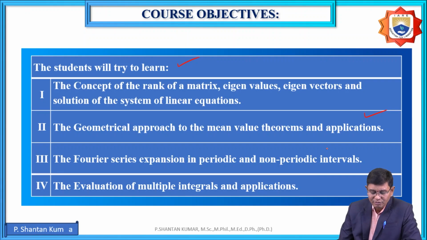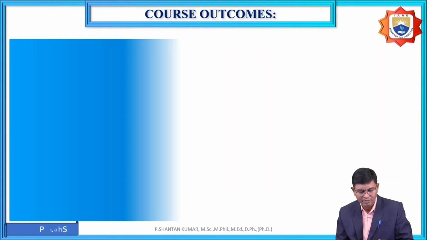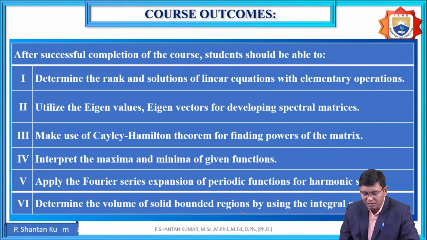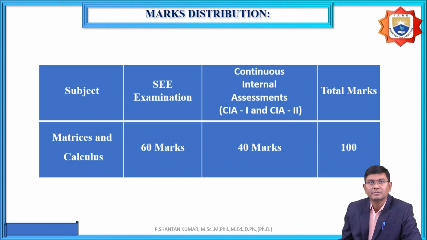The third is Fourier series expansions in periodic and non-periodic intervals. Finally, to determine the volume of solids bounded by regions using integral calculus. These are the six COs framed.